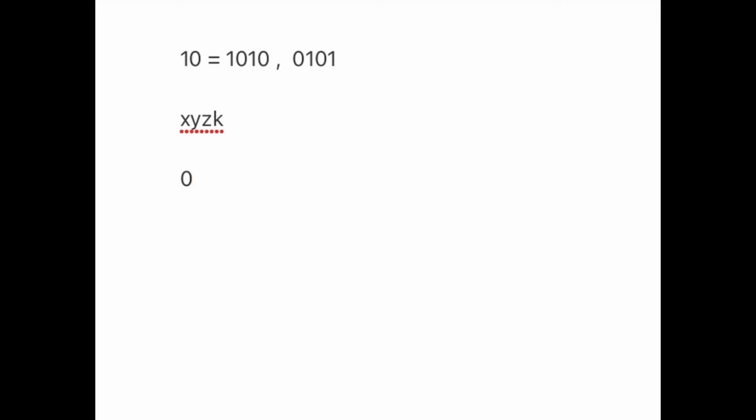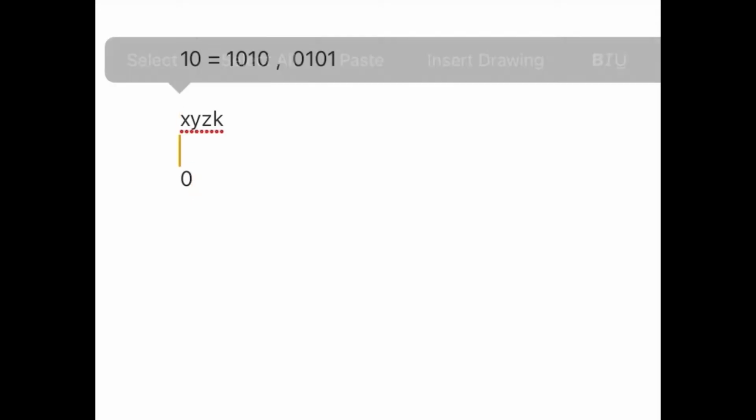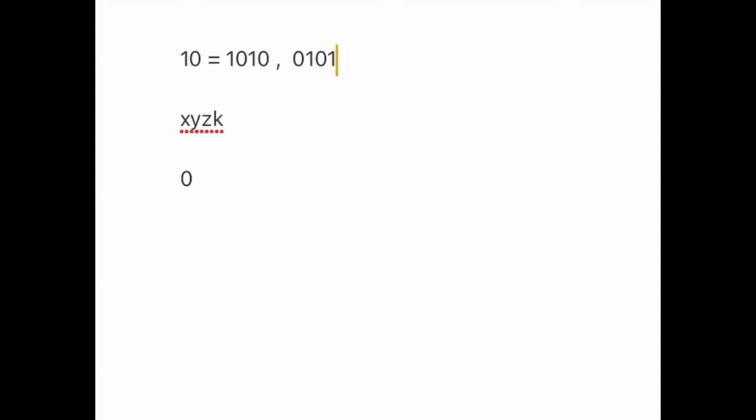Oh yes, also that X, Y, Z starting from the lowest: that 0 would be the X, that 1 would be the Y, that 0 there would be the Z, and that 1 would be the K, so going in that order.